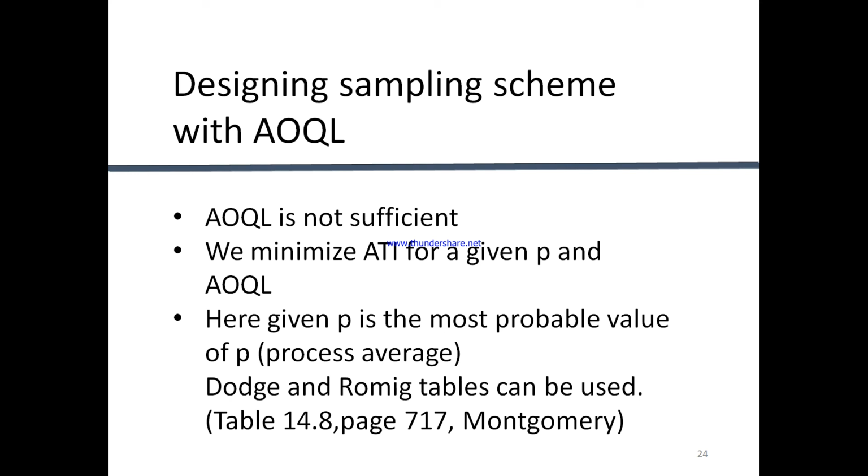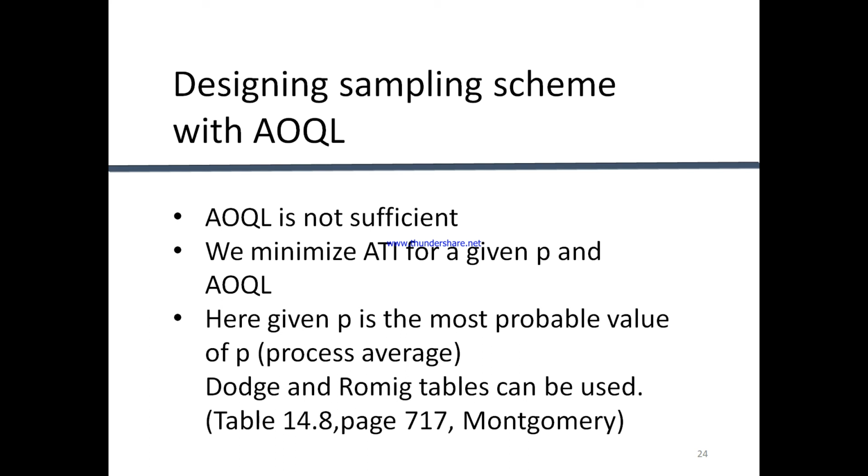Right, so when it comes to designing a sampling scheme, in the previous slide we discussed how to design a sampling scheme when you have the AOQ value and the LTPD value, based on those values, the use of alpha and beta.